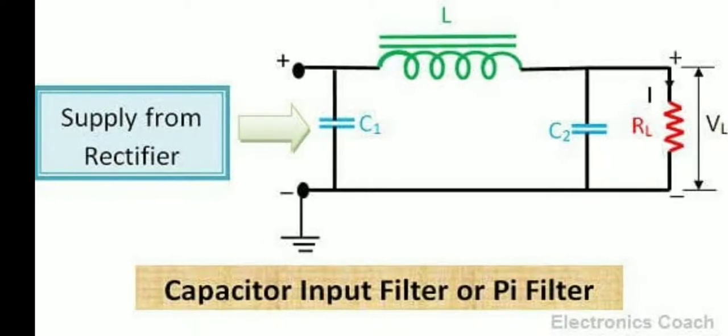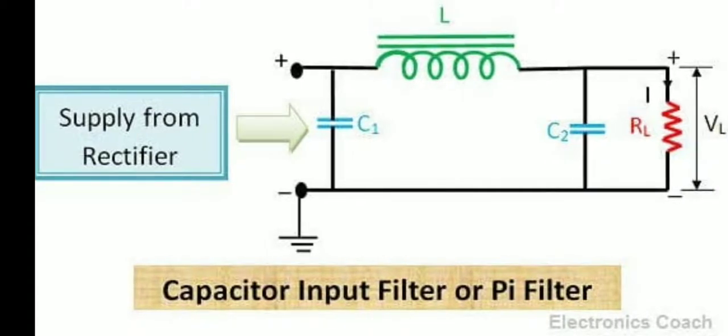The first element is connected across input to ground. The second is connected between the input and output terminals, and the third element is connected across output to ground. The model of the circuit looks like the pi symbol.